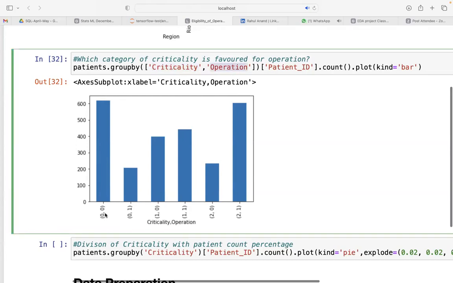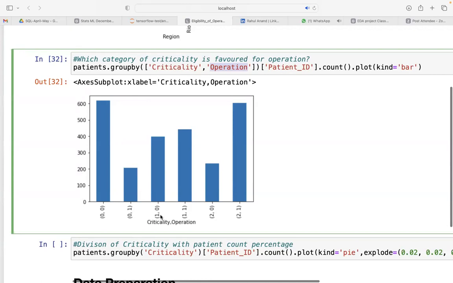So when you compare that, when the level of criticality is 0, I mean very low, then the number of people who were denied operation, not eligible for operation, is high, more than 600. But when the criticality level is 1, the number allowed for operation is very low.